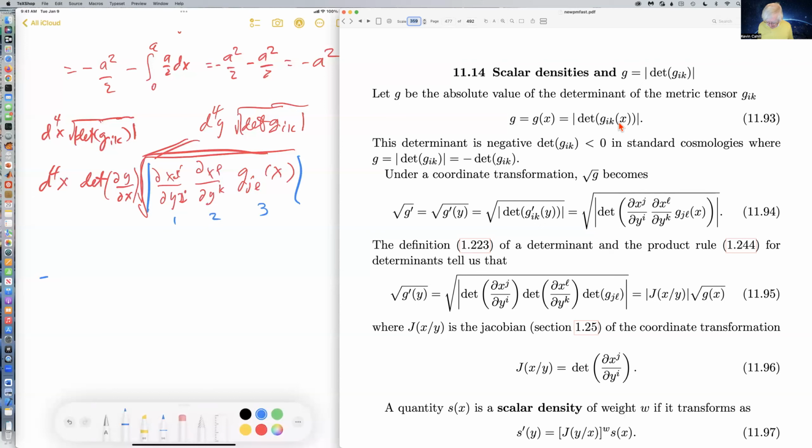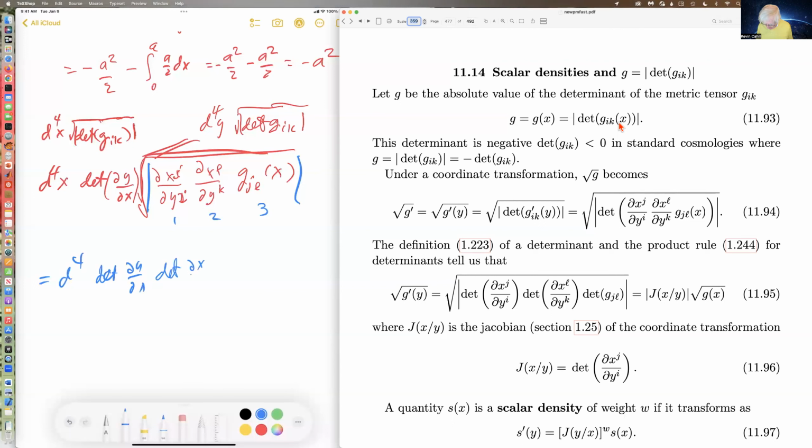And so altogether, this then is d^4x, determinant of partial y partial x, determinant of partial x partial y, and then square root of absolute value determinant of g of x.